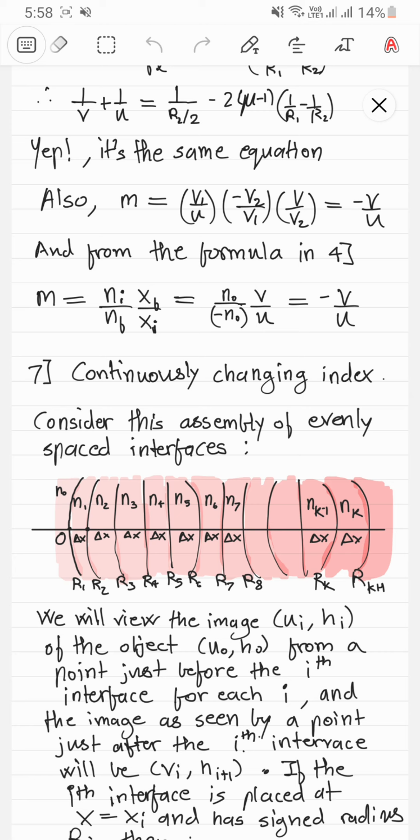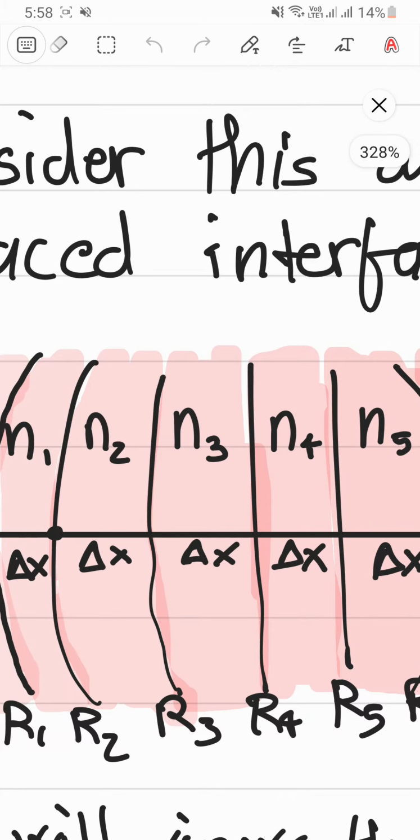Not very discretely. No, you want it to change, how do I say it, continuously. So the way I did it is, instead of talking about the images just like we do normally, I only talk about images at points that are left of the interfaces.